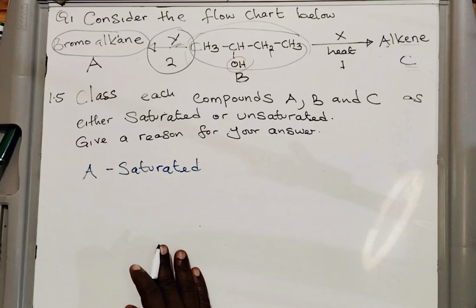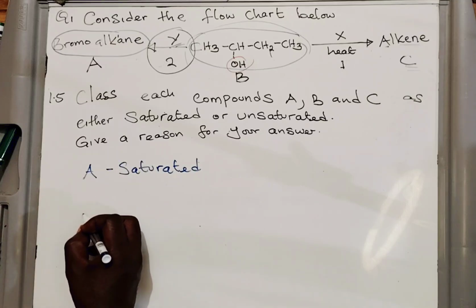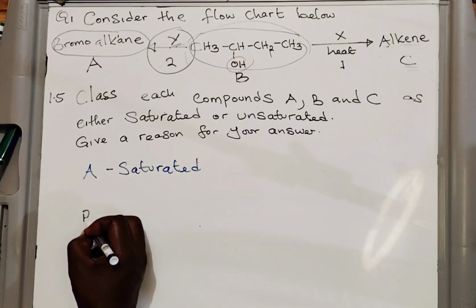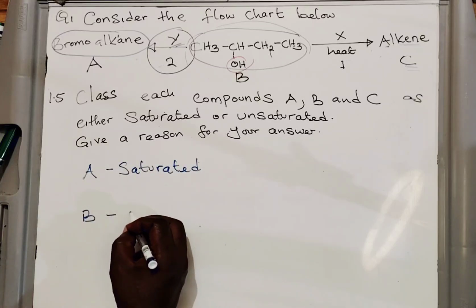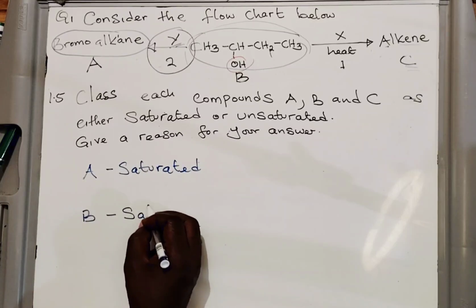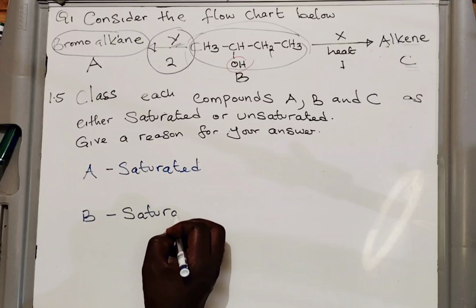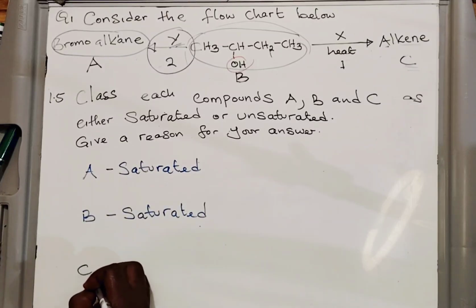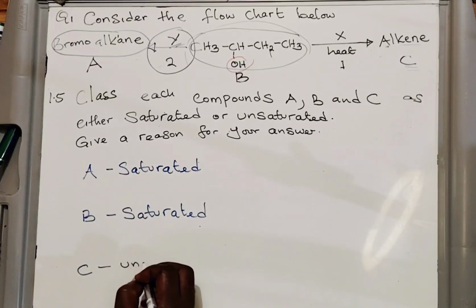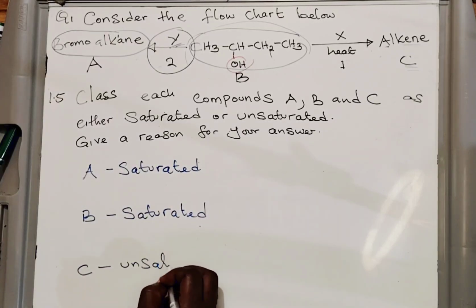Okay, we'll give the reason later. B is an alcohol, and it is saturated. C is an alkene, and it is unsaturated.